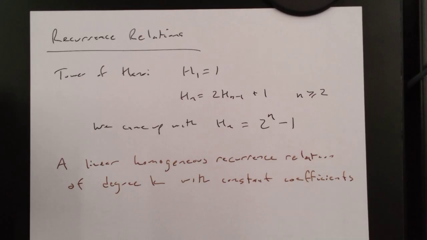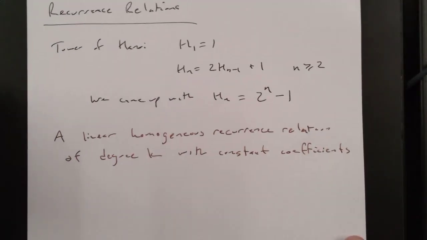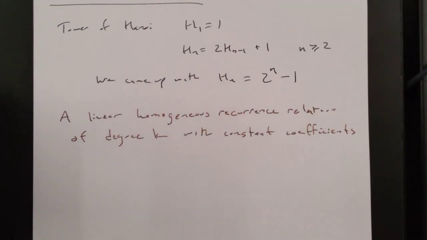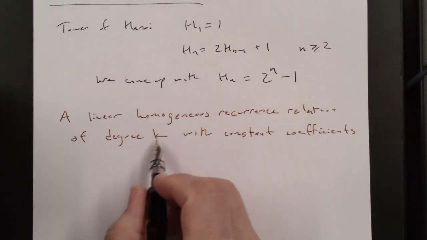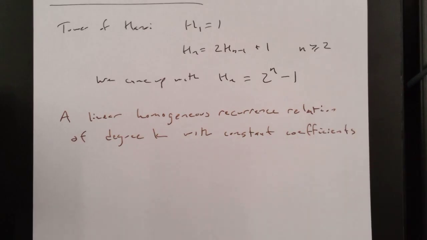I'm being very restrictive at the moment. I'm looking at a very small subset of the idea of a recurrence relation. I've got to figure out what all of this means. But some of these terms we've actually already used. This degree k idea, I talked about that on Friday.